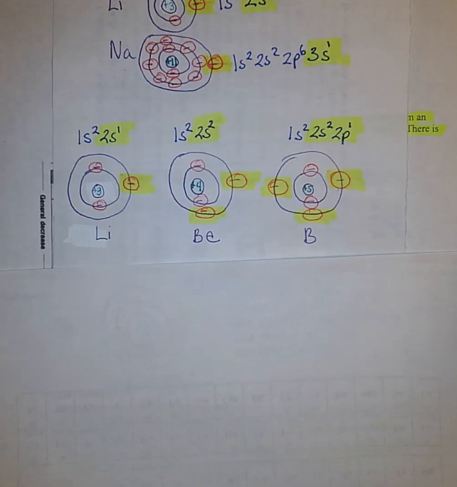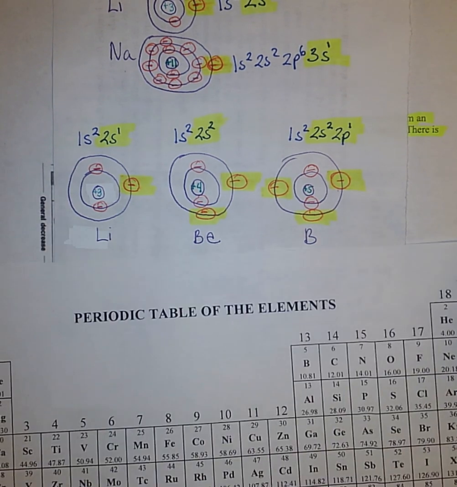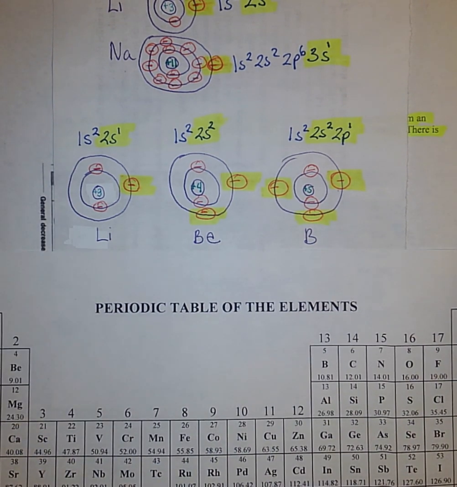On the other hand, you guys, if we look at the periodic table, as you're moving across the periods, the non-metals will have high electronegativity. That's because as you go across the period, your nuclear charge is increasing.